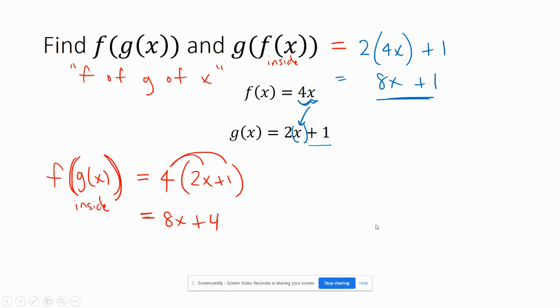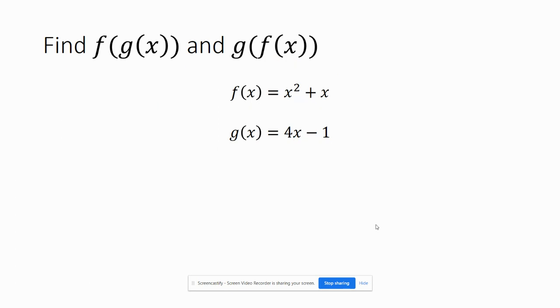Okay, let's look at another example. So this time just two different functions. Again, if g of x is on the inside, then the g of x function, whatever it is, goes inside the f function, but this time we have more than one x, so it has to go into both spots. So f of g of x, we're going to plug in the 4x minus 1 into both of these x's.